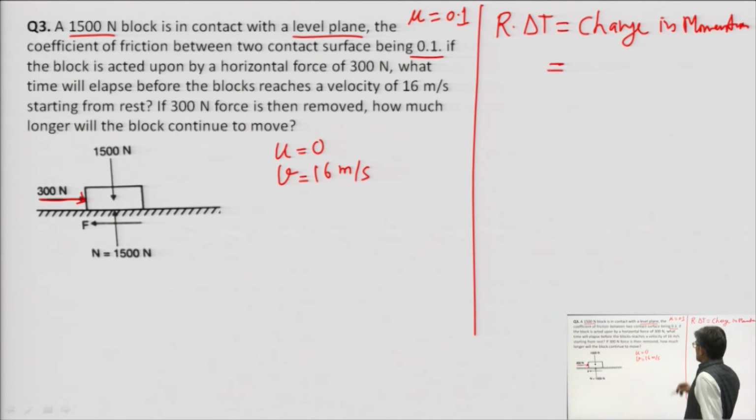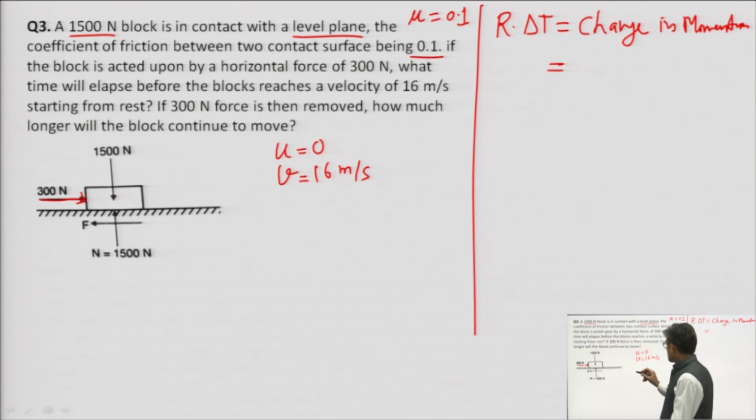We know the initial and final velocity, so we can calculate it. Here we need to calculate the value of delta t. It means we should know the value of R.